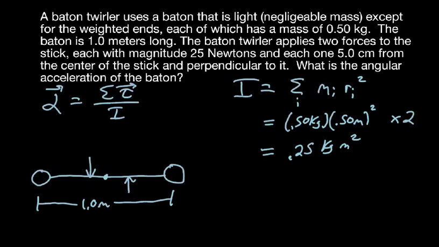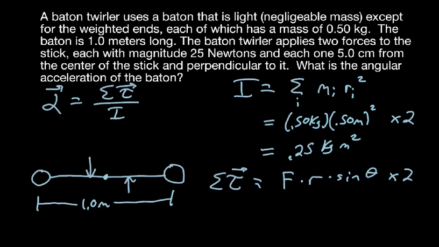All right, so we're halfway there. Now we need to figure out torque, the net torque in fact. So that's just going to be our forces times their distance from the axis of rotation. So again, we've got 2 identical forces, so it's F r sine theta, and we'll do that twice.